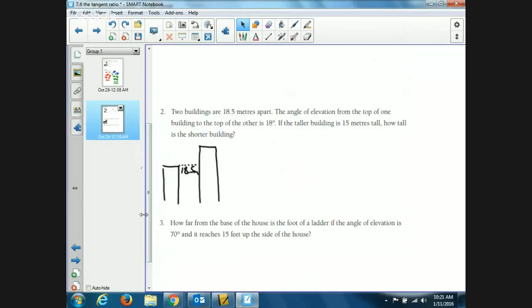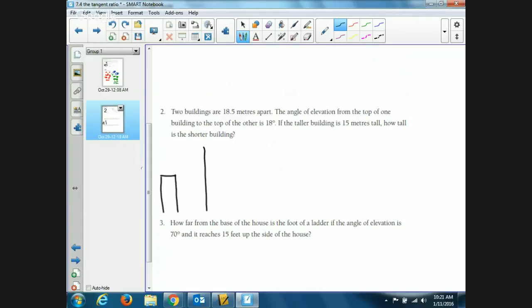My drawing's getting messy already, so I'm going to make it a little larger. That's the distance across, 18.5 meters apart from the 2 buildings.